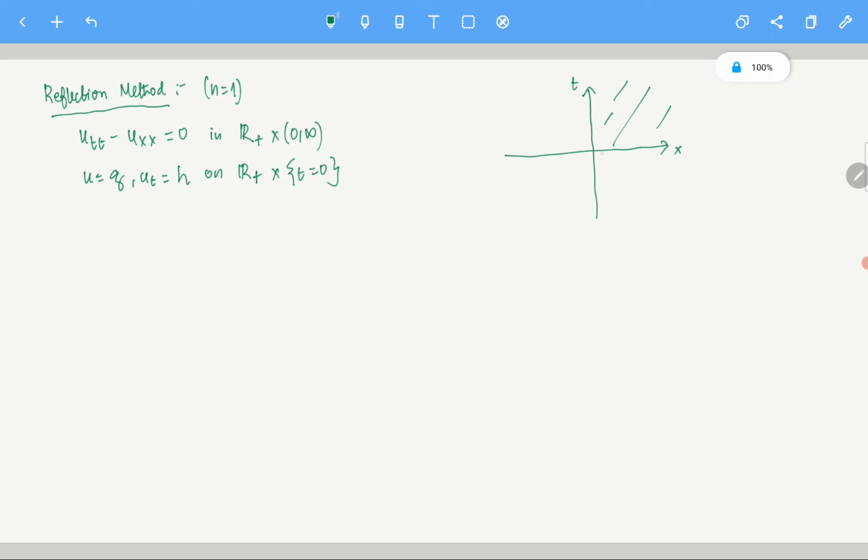Essentially this is the domain which we are working in, and the boundary condition is given only in this part. So u is G in this part and ut is h in this part. The equation utt minus uxx is also given only in this part of the domain. So I do not have any information on this. D'Alembert's formula gives us the solution in the whole domain.